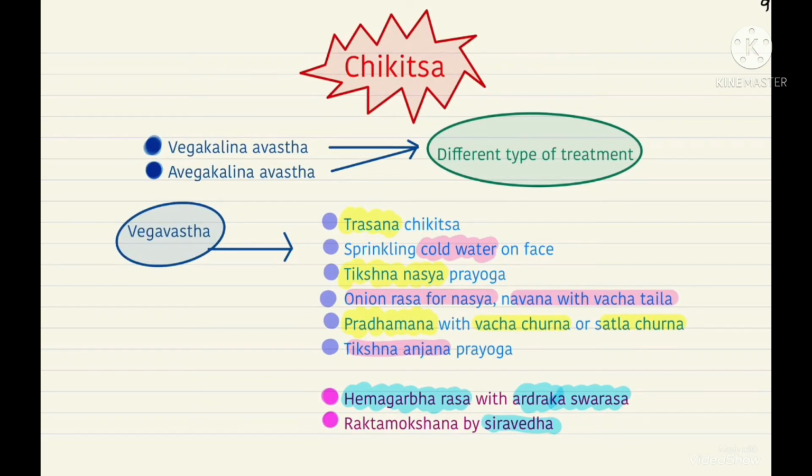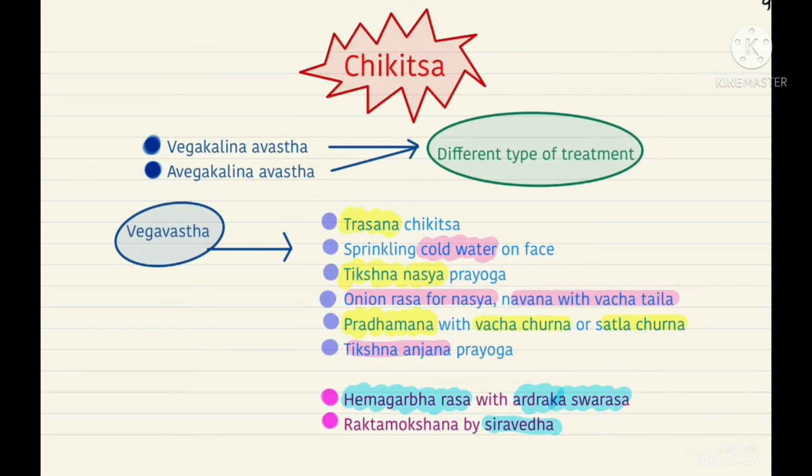Then Pradhaman should be done with Vacha Churna or Satla Churna, and Tikshna Anjan also should be used. And Hemagarbha ras with Adrak Swaras is to be given, and Raktamokshan is to be done by Siraved. So this is the treatment to be followed during the Vegavastha, or the time when actual convulsion is going on.